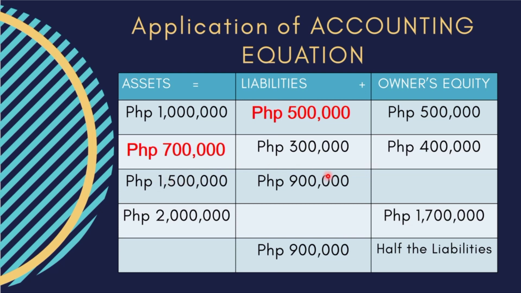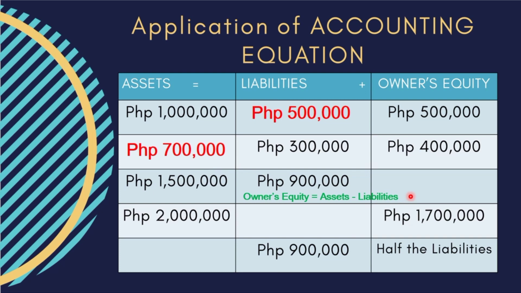For item number 3, the owner's equity is unknown, while the assets and liabilities are given respectively. The value of assets is 1.5 million and the value of liabilities is 900,000. So the accounting equation that we will use is owner's equity equals assets minus liabilities.